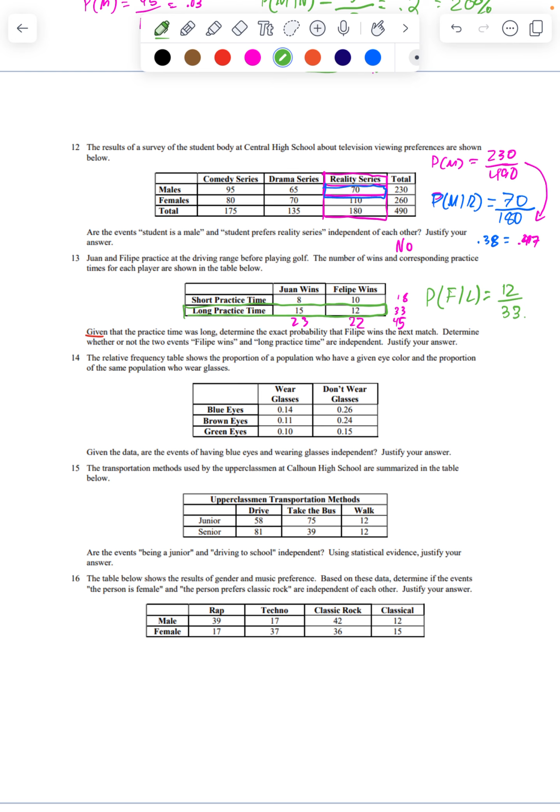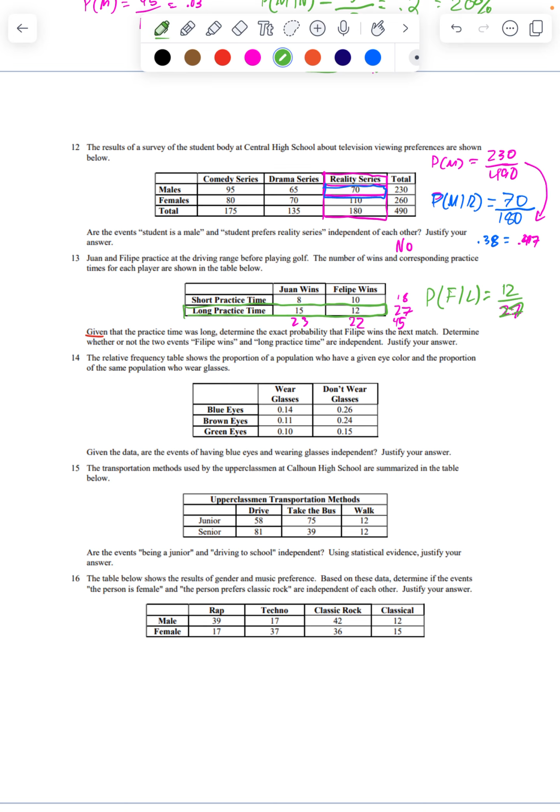Long practice time. Oh my God, it's not 33, it's 27. Sorry about that. I got ahead of myself. Well, that's going to be 12 over 27.